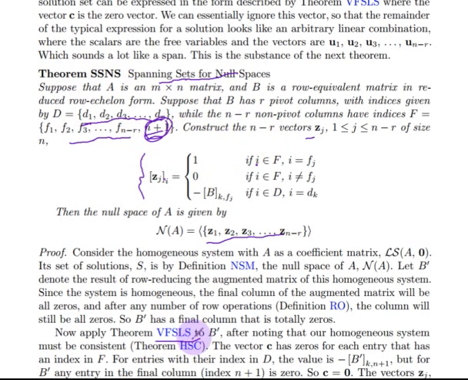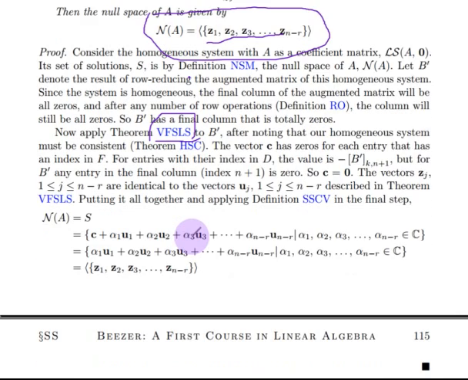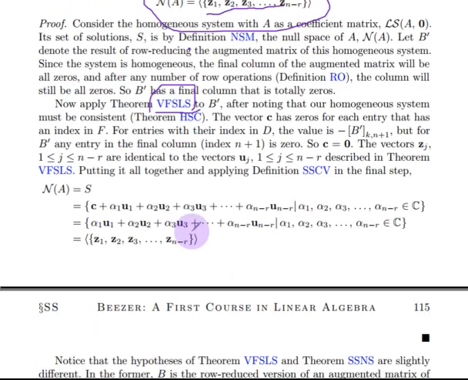If you specialize this theorem to a homogeneous system, you get exactly this result. Okay, so I'm not going to say any more about the proof. Here he goes through this formally, and I don't think it's necessary for me to say any more.